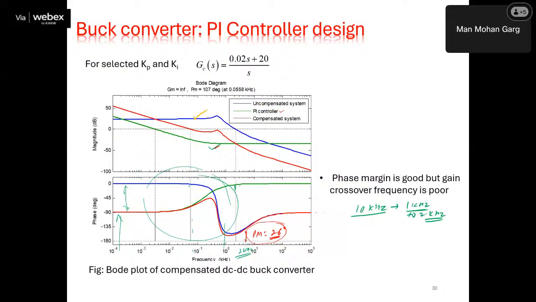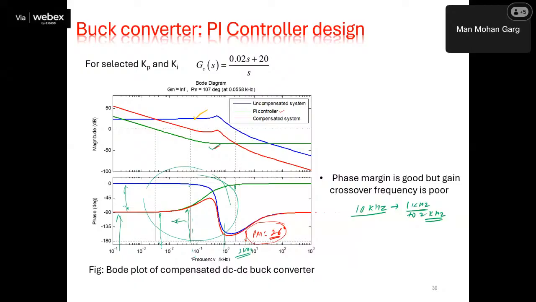Accordingly, I can say that my gain crossover frequency is here, but the only issue is that if I go beyond this point, then my crossover frequency is reducing. Phase margin is sufficient if I take this 90 degree to be the phase margin, but crossover frequency is very low.